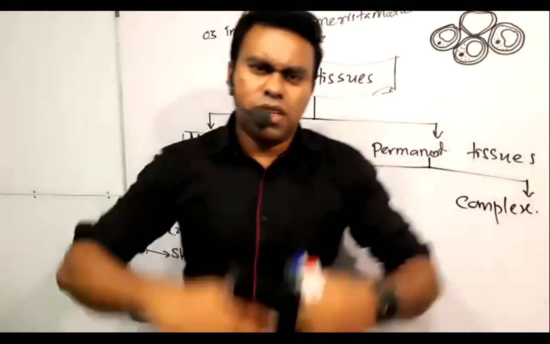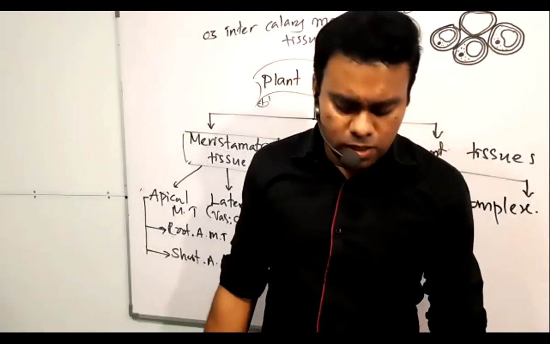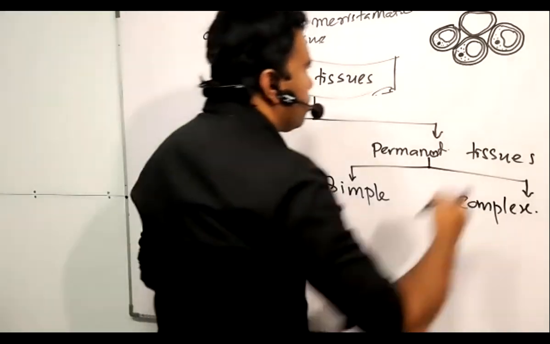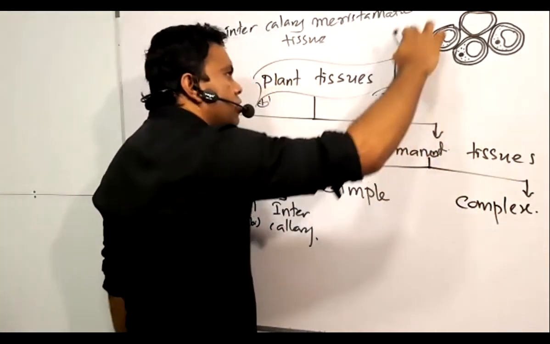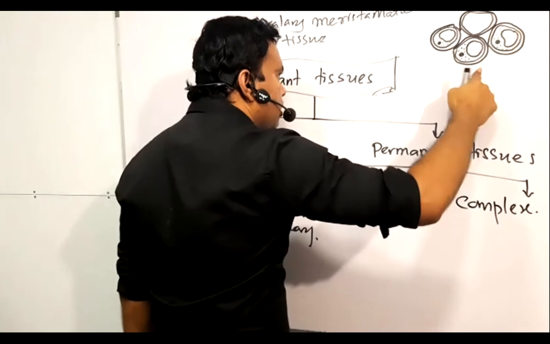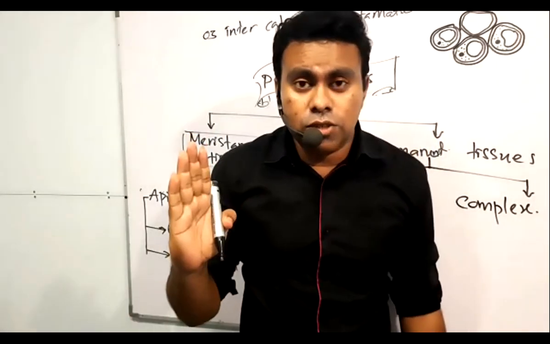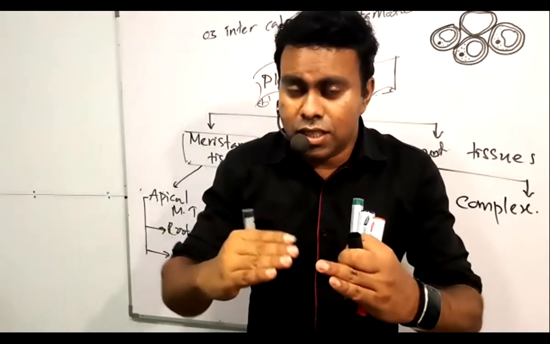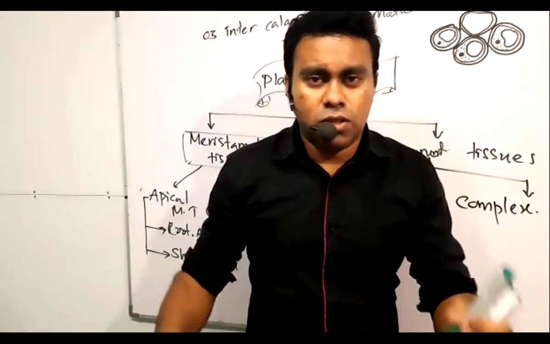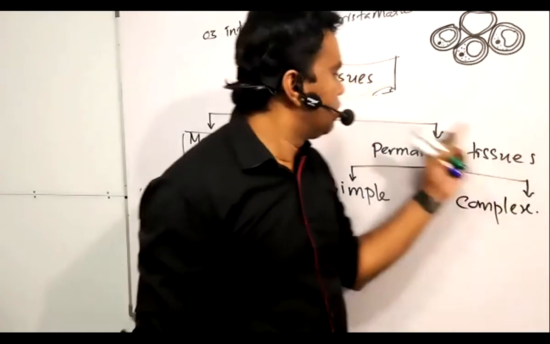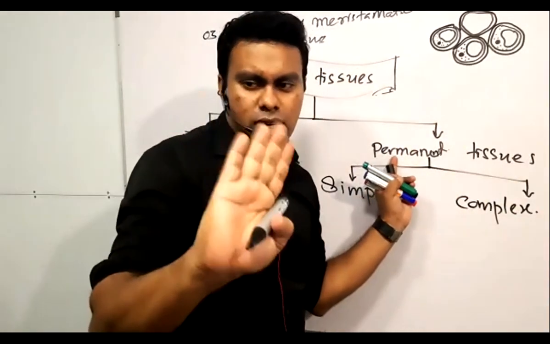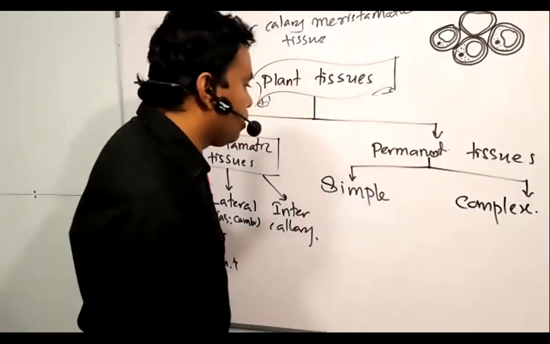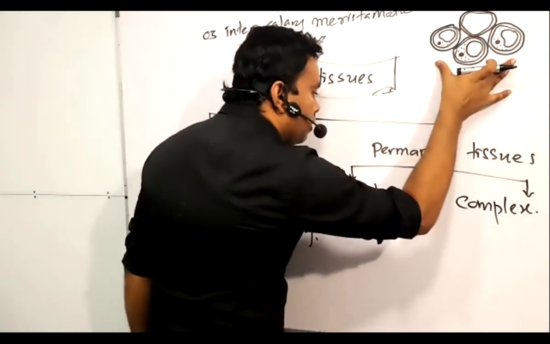These types of tissues have only one type of cell, but are not subjecting to the process of cell division. As they are not subjecting to cell division, they are known to be permanent. Within permanent, only one type of cell exists. Therefore, that is simple permanent.